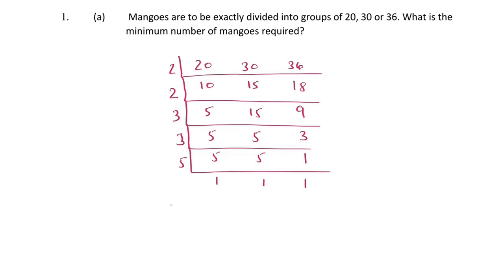Now to get the LCM, we are going to multiply these divisors. Our equation is going to be 2 times 2 times 3 times 3 times 5, of which after solving the values, the answer is going to be 180. And this is the minimum number of mangoes required.